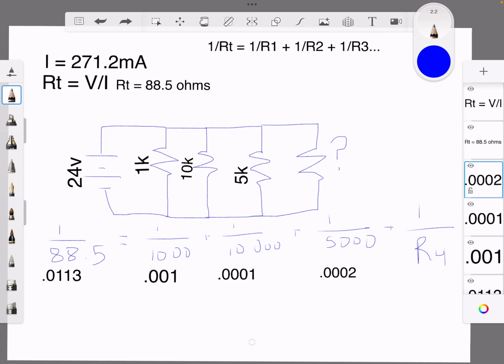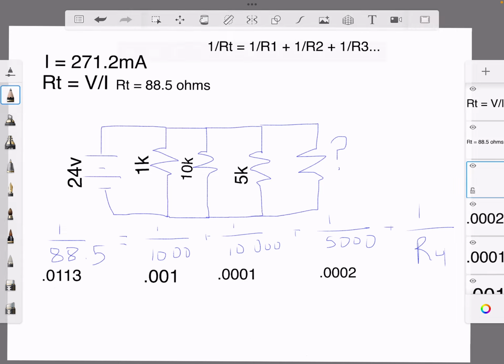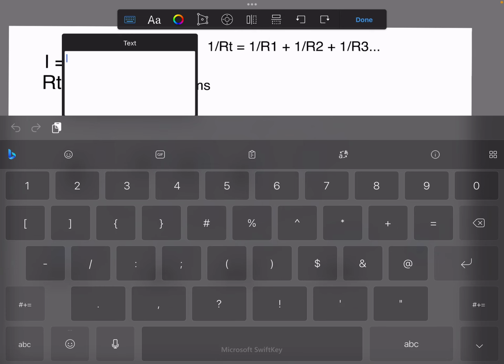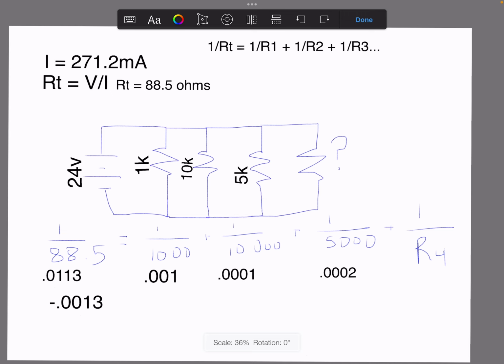What I'm going to do is add 0.001 plus 0.0001 plus 0.0002, which gives us, and I'm going to put a minus sign, 0.0013. So in case you didn't notice, let's try to line those up as best we can.